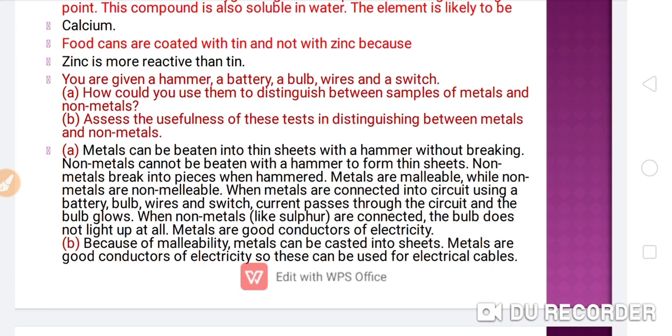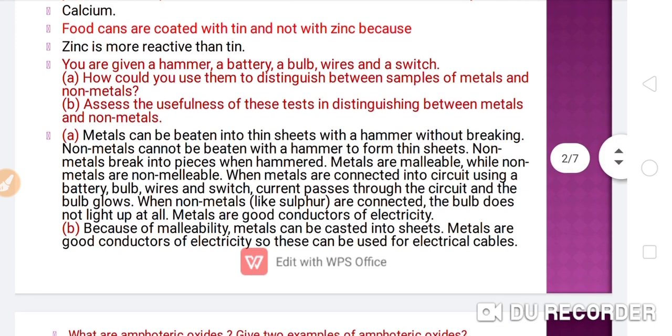When metals are connected into a circuit using a battery, bulb, wires and switch, current passes through the circuit and the bulb glows. When non-metals like sulfur are connected, the bulb does not light up at all.